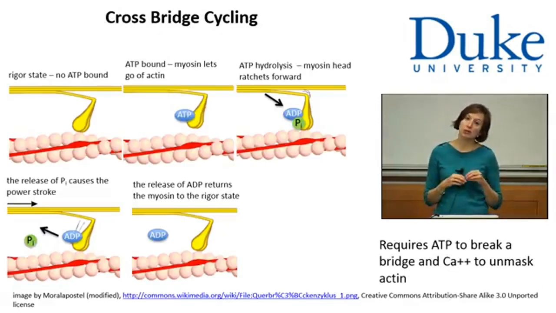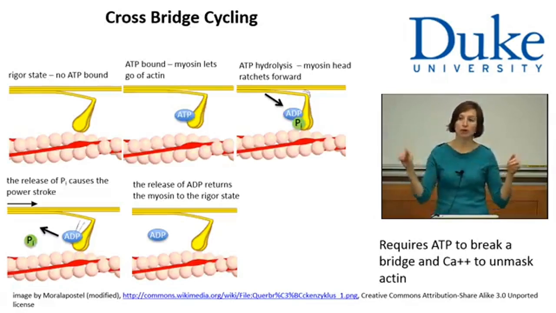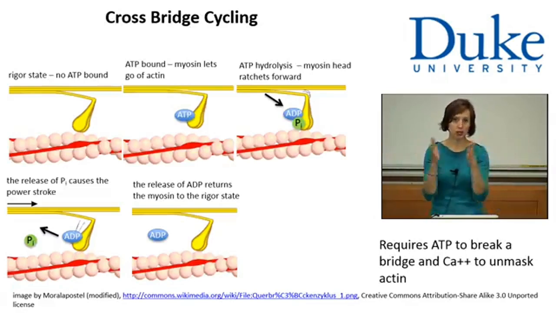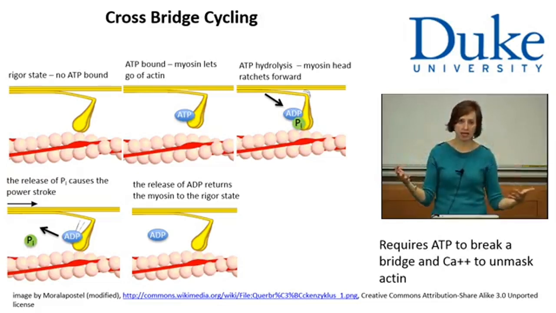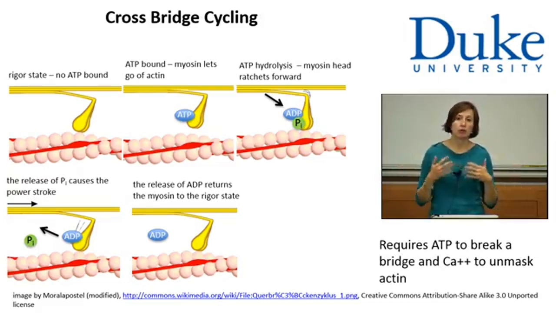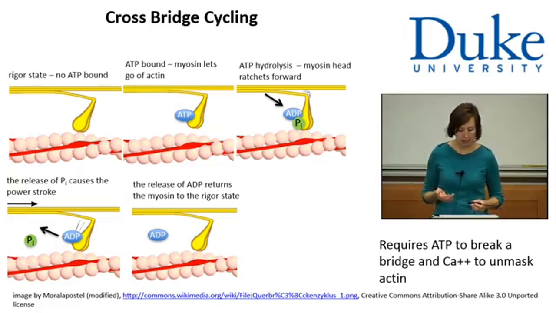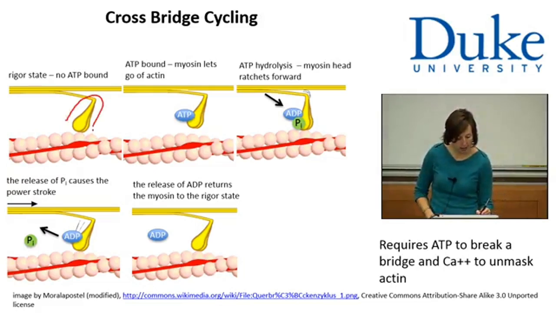Then what's going to be required in order for the actual contraction to occur, once we have allowed myosin to bind actin, is that we're going to require ATP as an energy source. So myosin is going to be an ATPase. Without ATP, this is a myosin head that's emanating from the thick filament here.